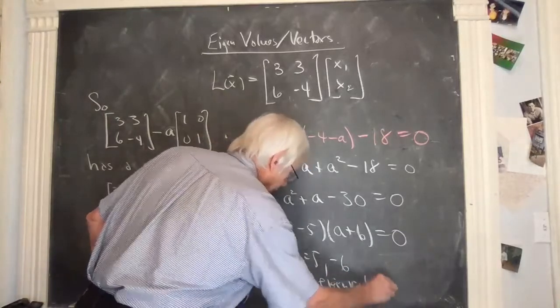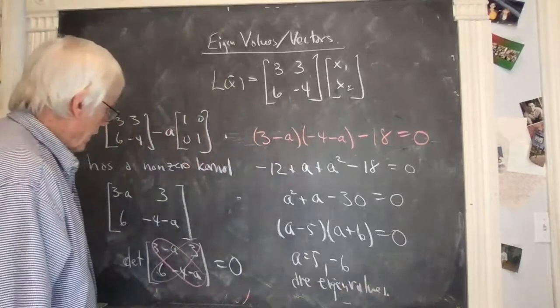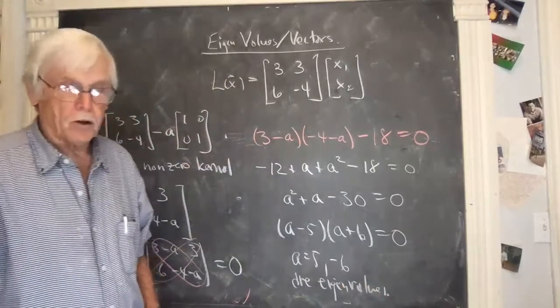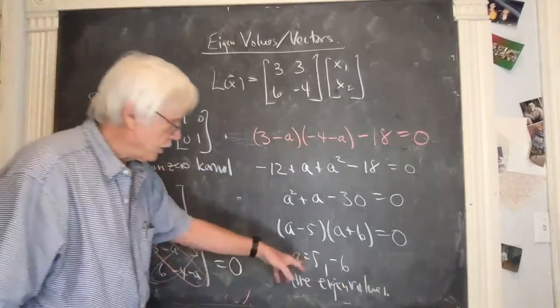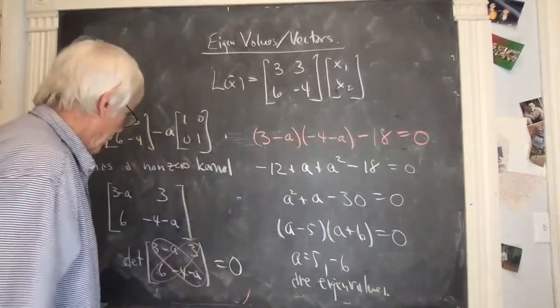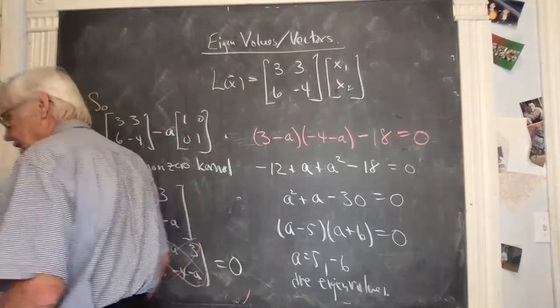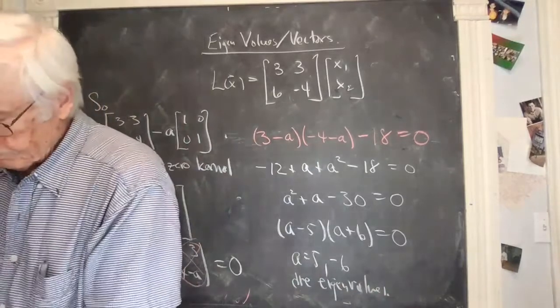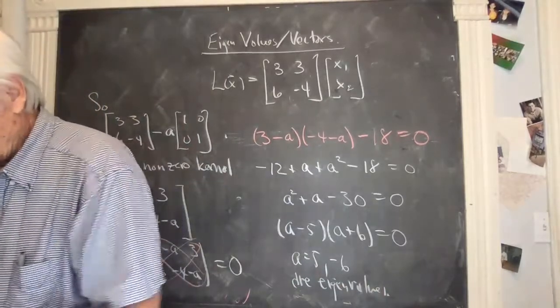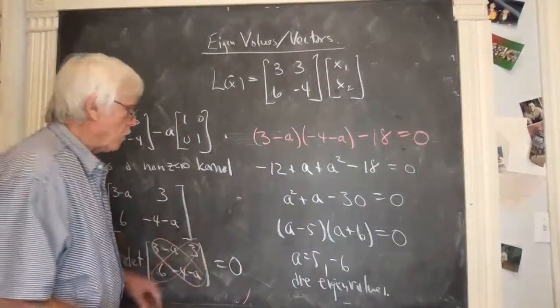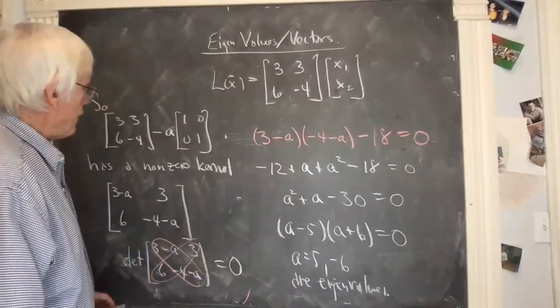We don't have any eigenvectors yet, but the eigenvectors are in the kernel. They are the kernel for these particular eigenvalues. And these are the only 2 that work. All right. So we have 5 and -6.